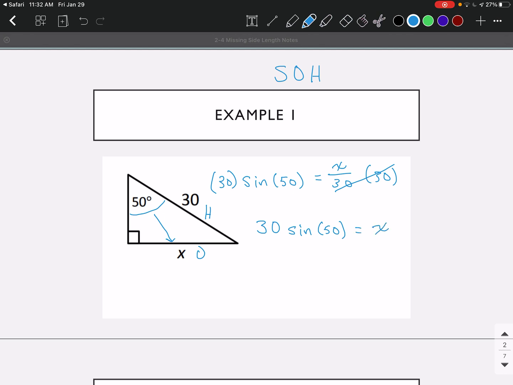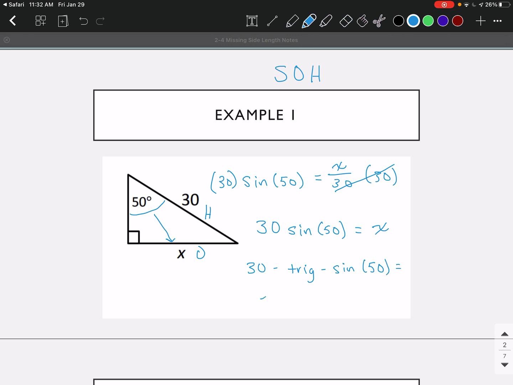Now on our calculators, we'll type in 30. We'll look for the trig button, which will bring up different options. We're going to hit sine, and then there will be parentheses. We'll put in 50 and hit enter.